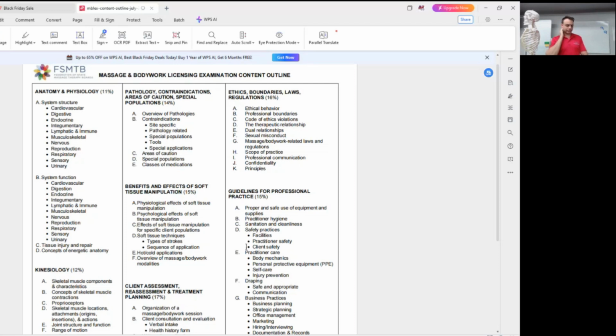But laws is probably the most common one, because while yes, we want to understand the legalities of massage, the MBLEX is used in a bunch of states, and each state has its own different laws. So they're not going to go over specific laws of your state.